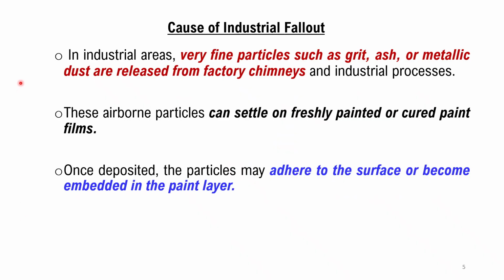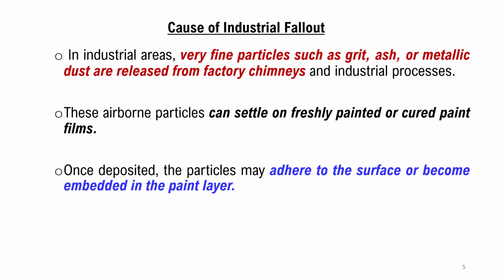The main cause of the industrial fallout is that in the industrial areas, very fine particles such as grit, ash or metallic dust are released from the factory chimneys and industrial processes. Now, these airborne particles can settle on freshly painted or cured paint films.